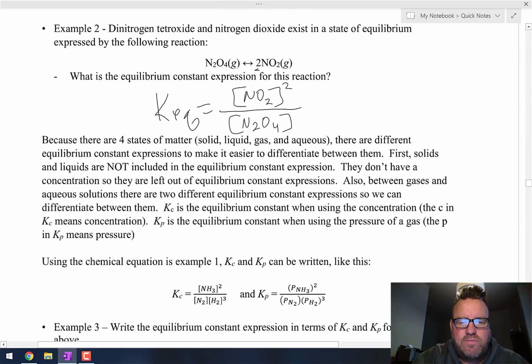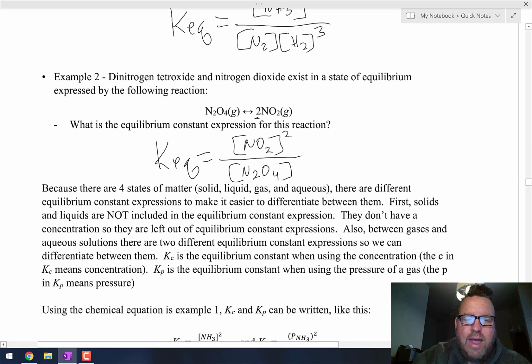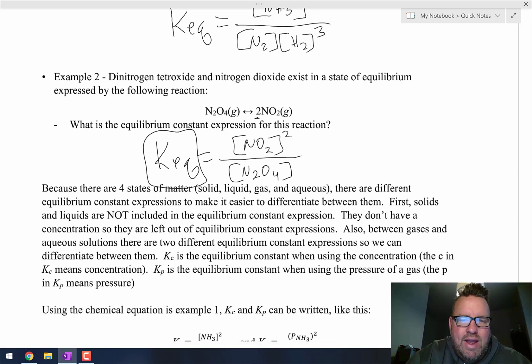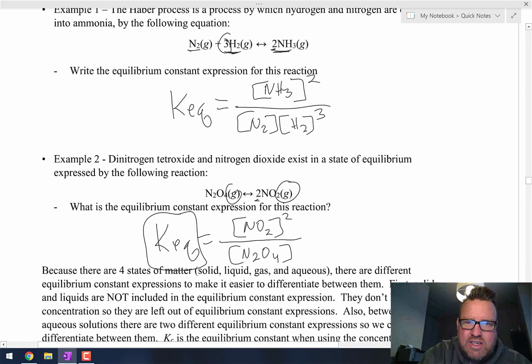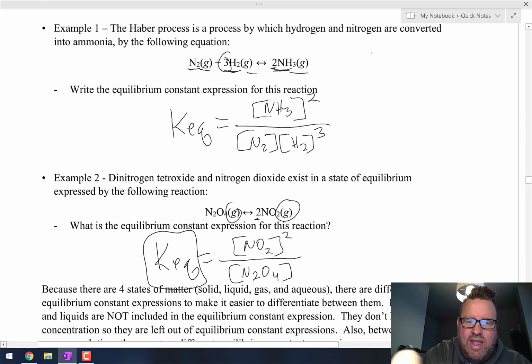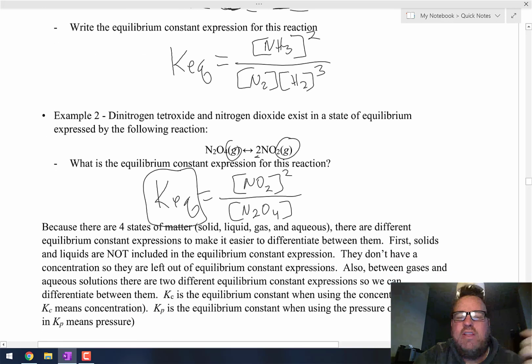One more thing. KEQ is kind of the generic way of writing this. When you're writing an equilibrium constant expression, a lot of times, like here you saw just straight gases. But a lot of times with equilibrium constants, you have in the same equation solids and liquids and aqueous solutions.